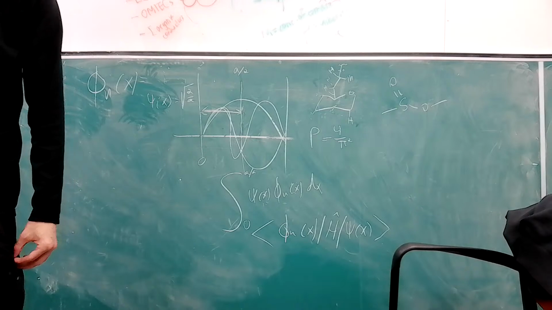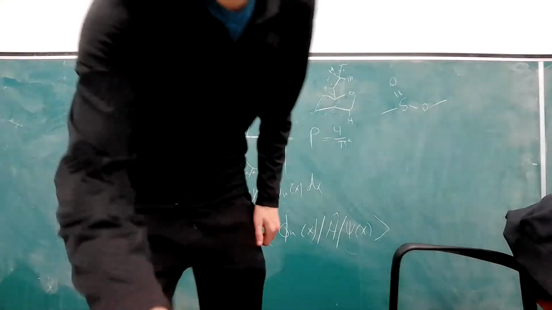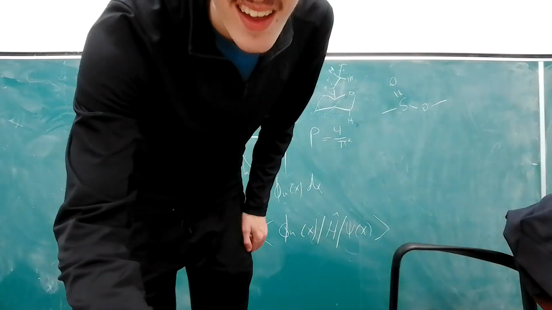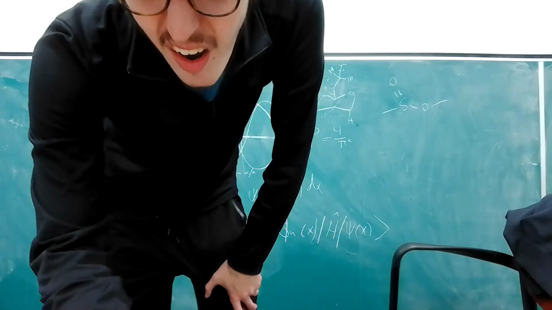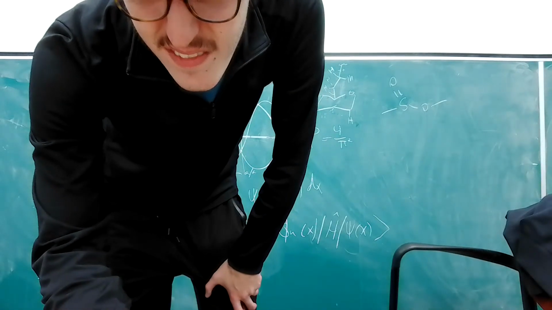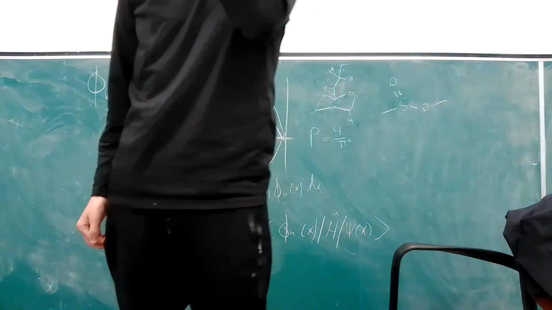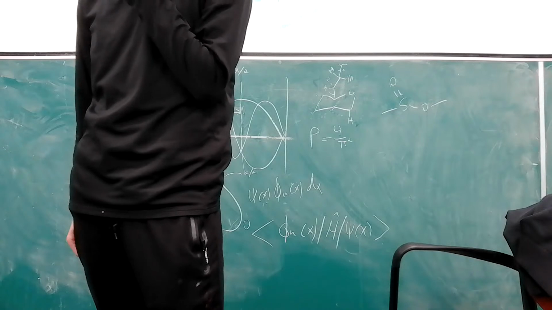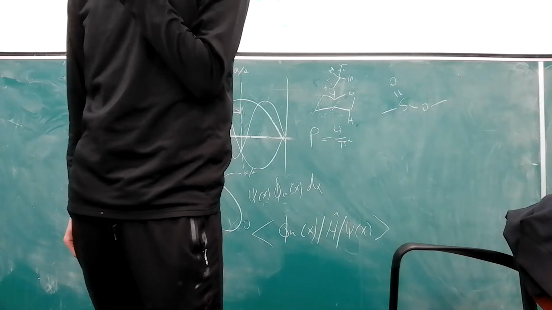I guess the overlap integral makes sense, but when we found the probability of position in class, we didn't square it. The probability for position was just the overlap integral of the wave function and the complex wave function. But here, when he's calculating the probability for energy, he's squaring the overlap integral.